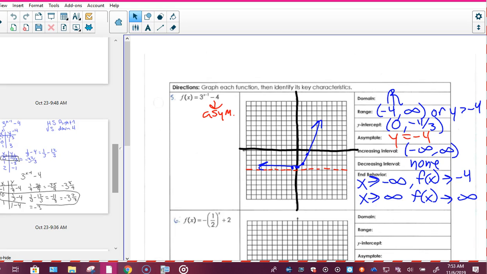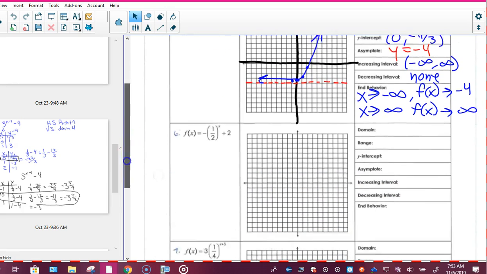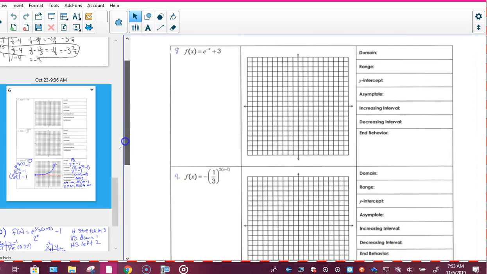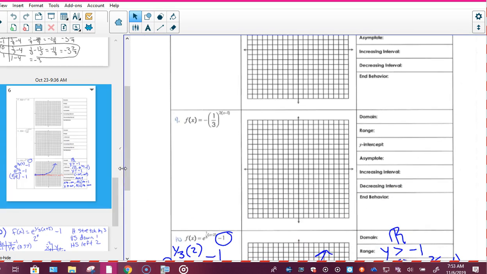I just want to see if we have any questions on 6 through 9, or need clarification on any of those 4. So this one's 5, but I'm talking about 6, 7, 8, 9. 8, yes.